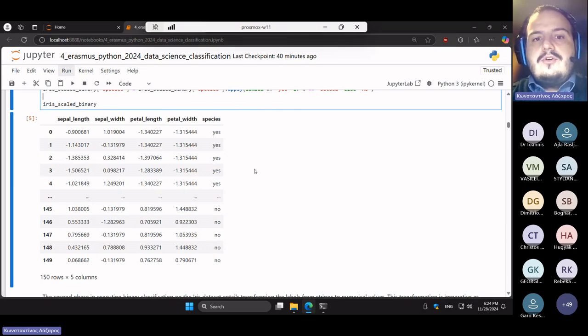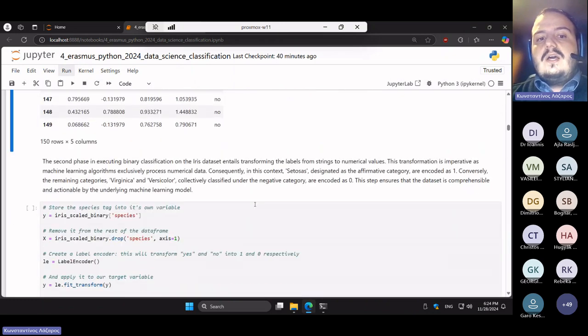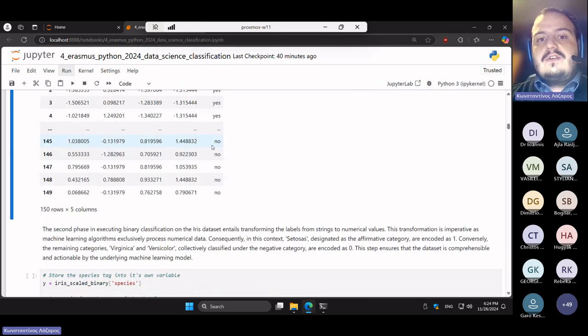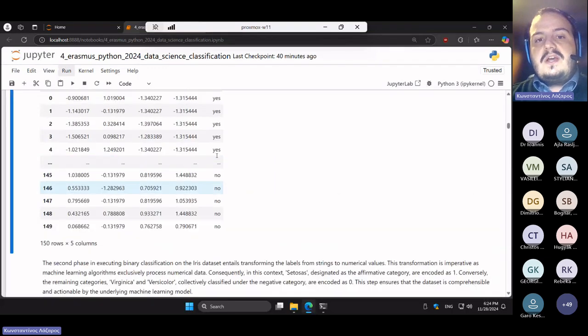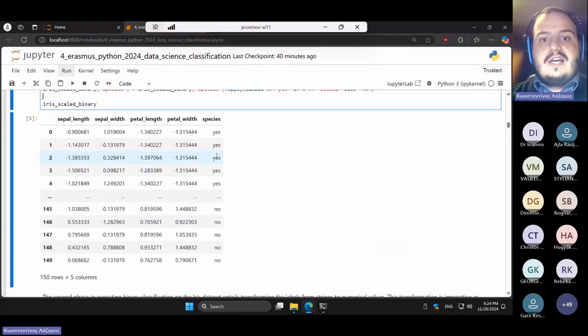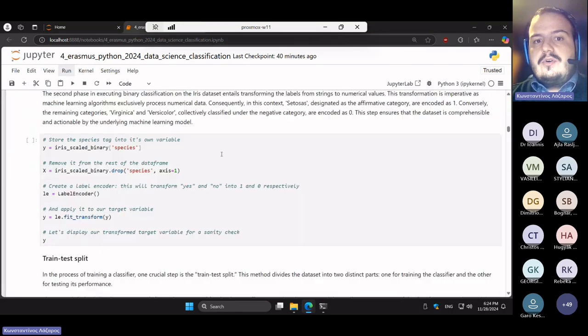They're not really going to understand what yes or no means. So we need to find a way to encode this kind of information into something that will be meaningful for them. The most meaningful thing we can do is basically use numbers like 0 and 1 for our case, because we're talking about a binary problem.